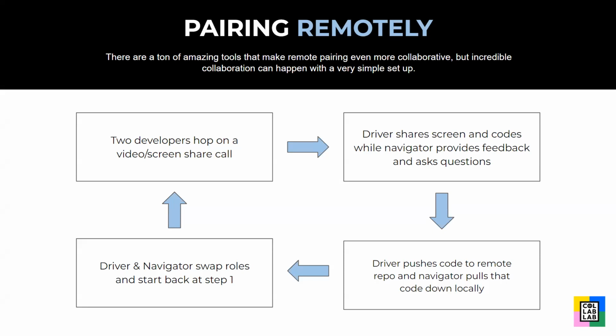Then the driver shares the screen while the navigator provides feedback and asks questions. Once the driver has written the code based on the navigator's feedback, the driver pushes the code to a remote repo and the navigator pulls that code down locally. Lastly, the driver and navigator swap roles, and then the cycle begins all over again. All right.